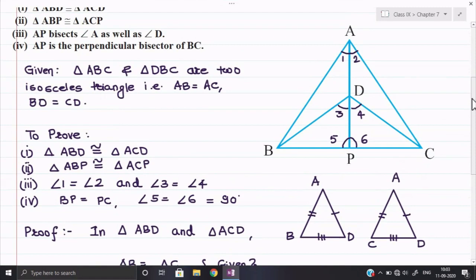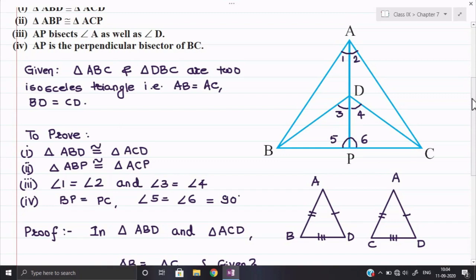Okay, and angle 1 and angle 2 you observe that are coming in those two triangles. If angle 1 and angle 2 are corresponding angles, then we can say that they will be equal because they are the corresponding parts of congruent triangles. So each and every corresponding part, whether it is angle or side of congruent triangles, that will be equal.